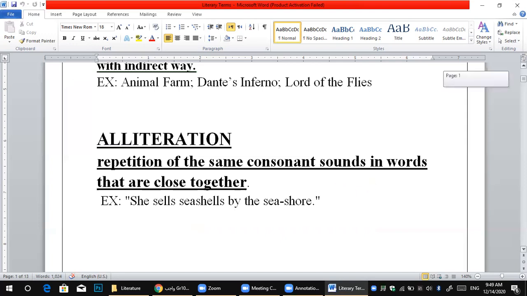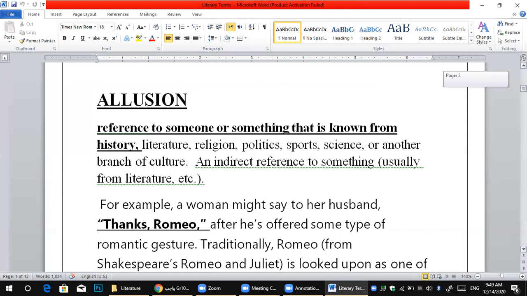After that, we have allusion. Allusion means that you mention someone or something well known from history or from the past. For example, when the wife told her husband, "I think you're Romeo."